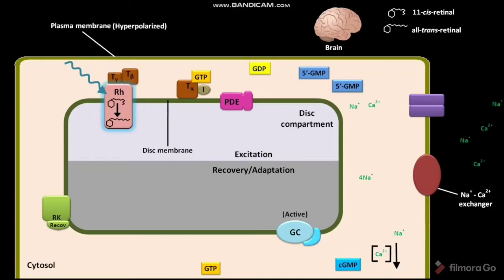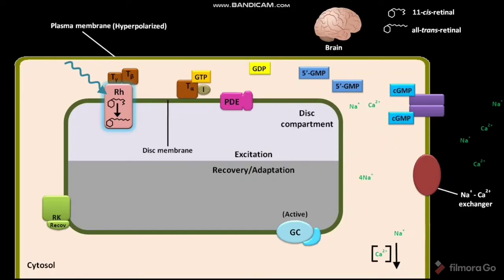Another cytosolic GTP is also converted into cGMP in the presence of active GC. As a result, the cGMP concentration in the cytosol increases. The cGMPs then bind to the cation channel protein.